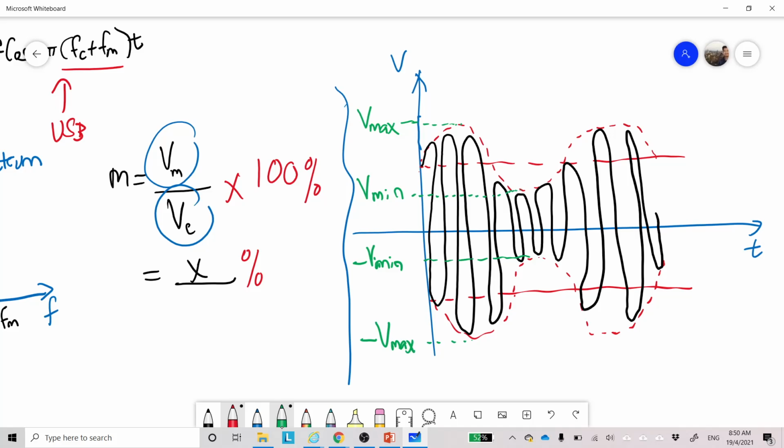So in the double sideband full carrier, DSBFC, we have double sideband and a carrier.